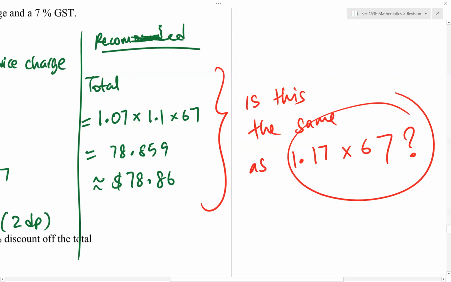Maybe somebody ate a lobster. Somebody ate only fried rice. Can't expect the guy who paid for fried rice to pay the same amount as the guy who ate the lobster, isn't it? So you take an individual item, you calculate. But if you calculated by using 1.17, then it is not fair already. You should be taking 1.07 times 1.1 times your value. This is wrong. Okay, the one in red is wrong.